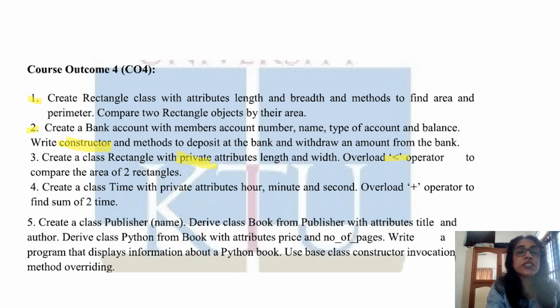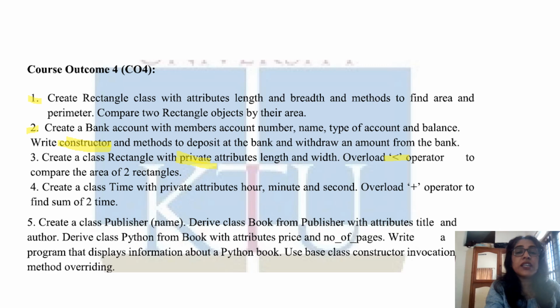So question number 3 mainly depends on two concepts: private attributes and overloading of the less than operator. These two concepts are applied upon the rectangle class with attributes length and breadth. That is the first question, and the comparison of the area between the two rectangle objects.